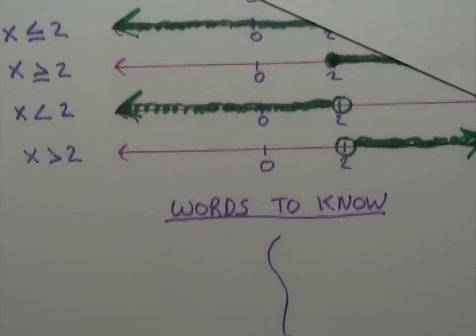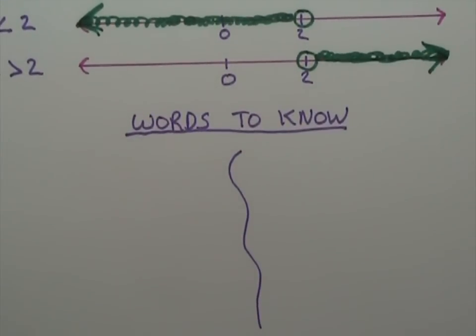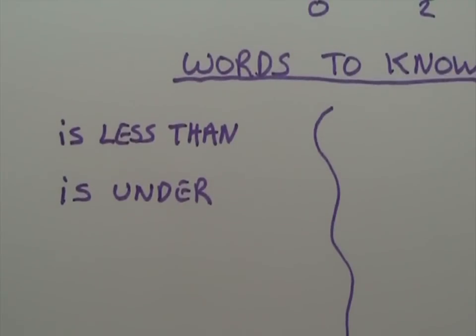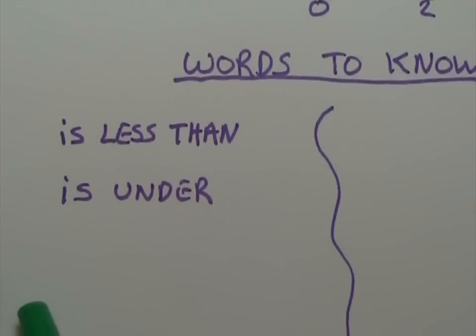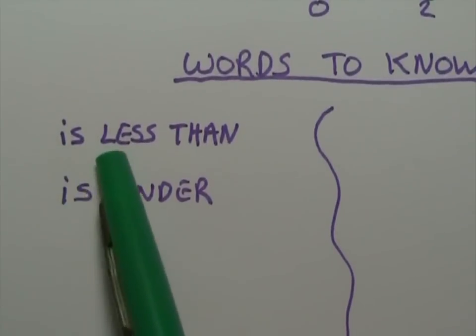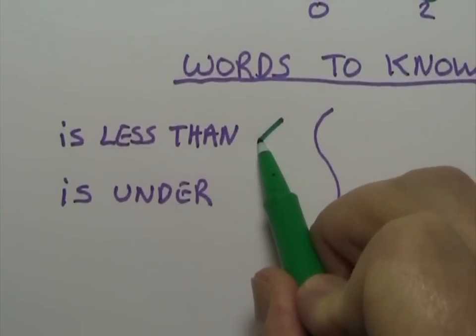Okay, down below these graphs, let's go ahead and put down some words that you need to know. Words like is less than. If you see this in a word sentence, the symbol you would use is less than.